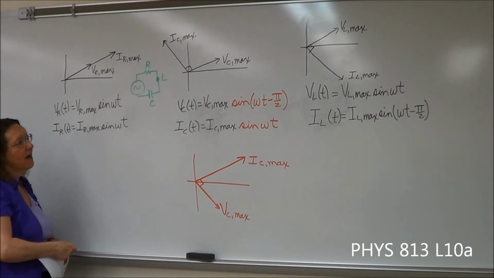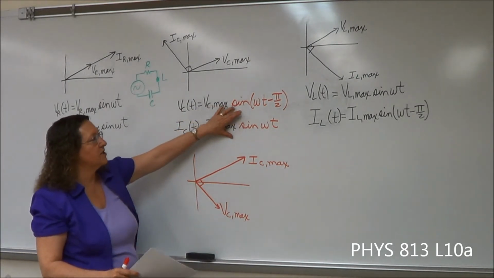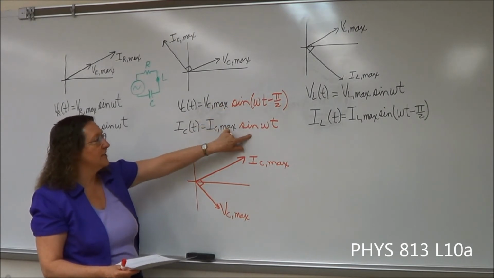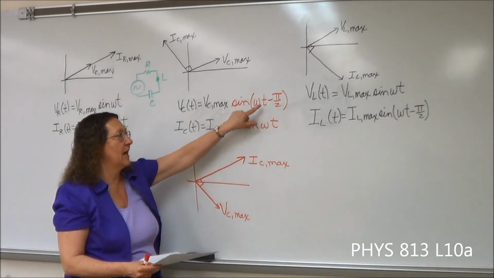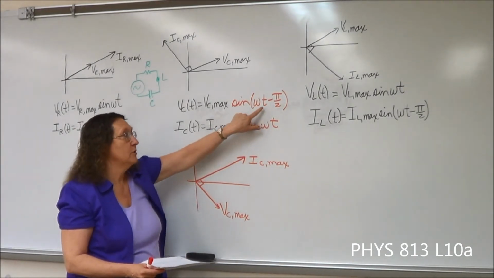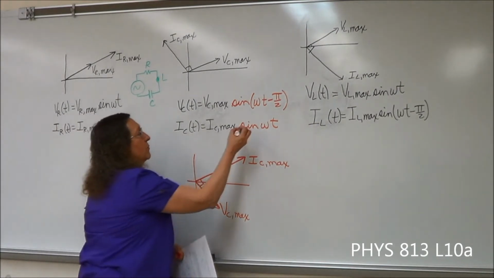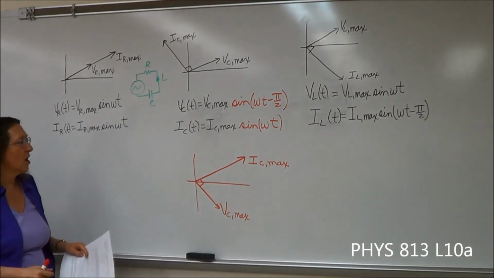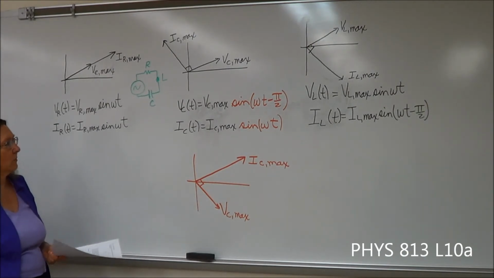And these are still relative to each other the same way that they were. This one is still pi over 2 more than this one. So if you add pi over 2 to this, you end up with nothing there, which is what we have there. I'm going to put this in parentheses. Okay. So that fixed our capacitor problem.